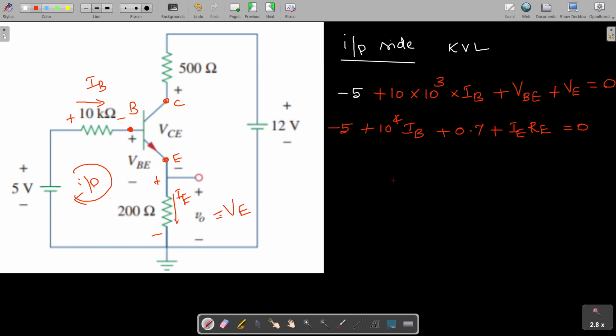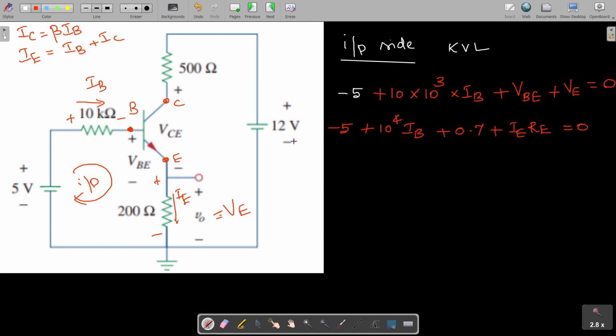Both are same. And according to the current equation of this transistor, we know that this IE is the summation of IB current and the collector current, base current and the collector current. And this IC and IB are related as beta times IB.